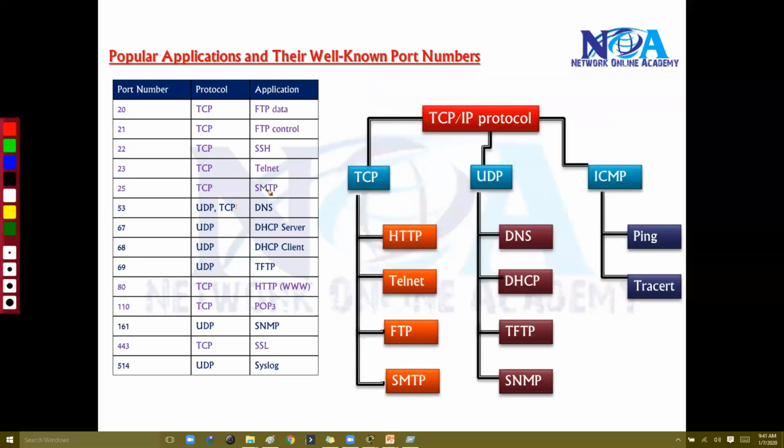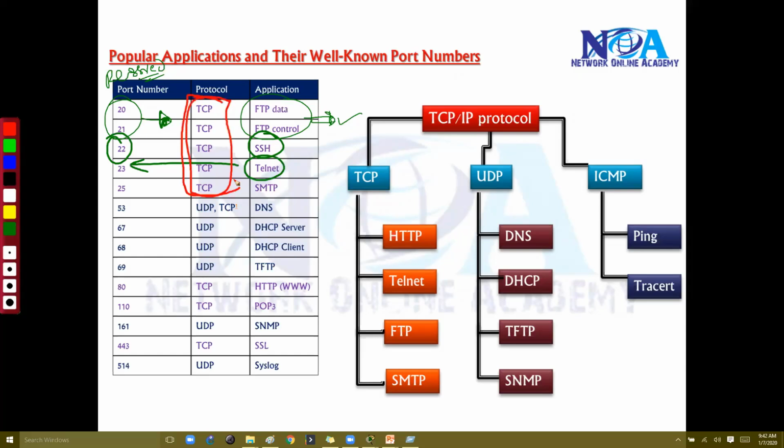Like here in this table, if you want to stop a specific TCP application, such as FTP, we use these reserved port numbers. These are the reserved port numbers which FTP normally uses. And if you're using any other port numbers, you need to specify those port numbers. Similarly, SSH uses port number 22, Telnet uses port number 23. Again, you can see they all use TCP at the transport layer.